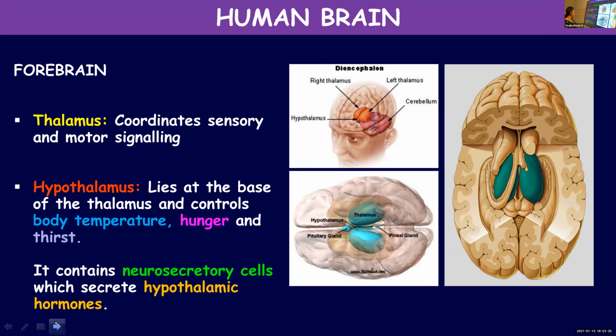And the hypothalamus also has some neurosecretory cells, and as we have already learned in chemical control and coordination, it has endocrine functions. These neurosecretory cells produce different hypothalamic hormones, already discussed in the previous chapter.